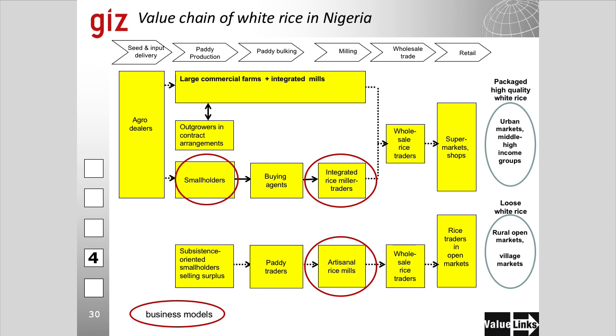Yeah, maybe just to comment on this, there are actually examples of projects which at the very beginning of their operations are looking into different channels of the value chain and how many players are available in those channels that they could partner with.